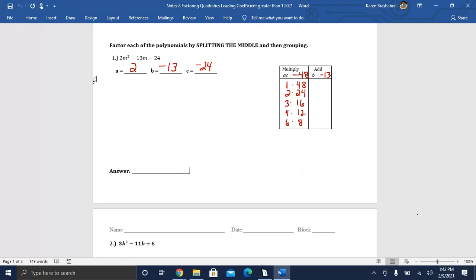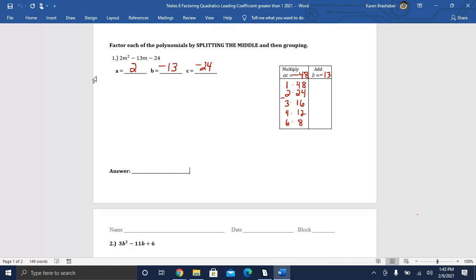So in that list, as you look through, and again, you may have to use a calculator, but we need a negative 48. So we're going to need to find something that we could make one of the numbers negative and have them add up to negative 13.